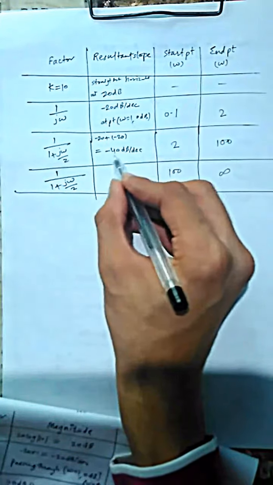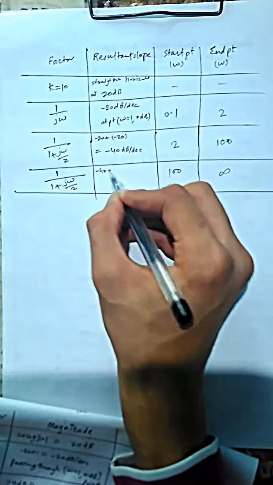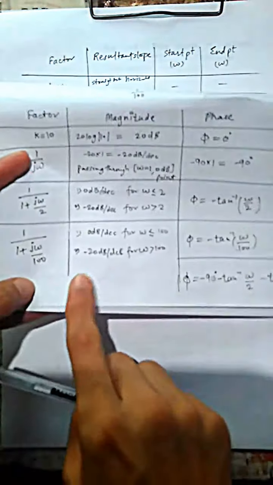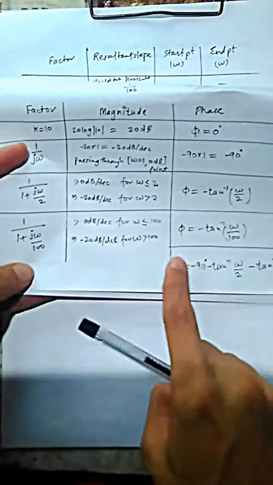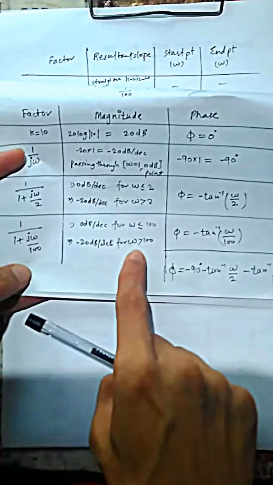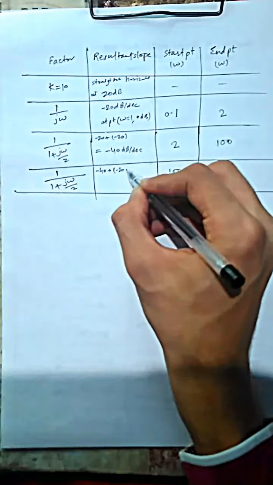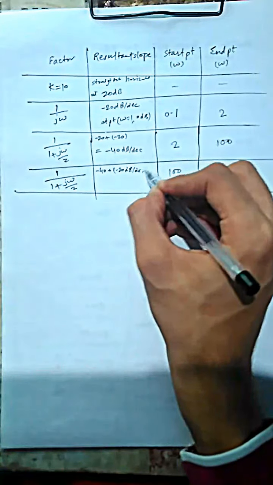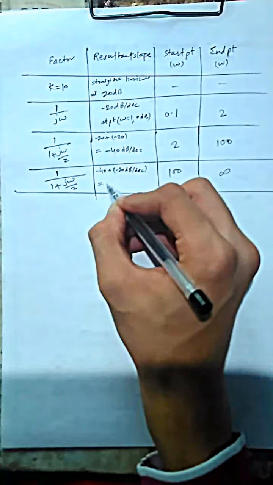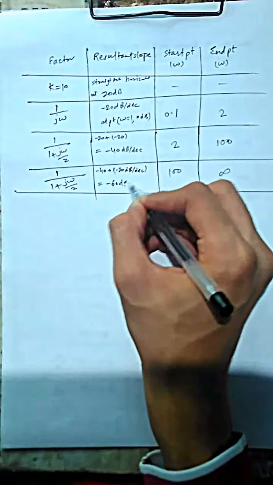Write whatever slope comes here, plus, now for this term, what we had written: if omega is greater than 100, then slope would be minus 20. Since omega is between 100 and infinity, which means omega is greater than 100, write minus 20 dB per decade, which means minus 60 dB per decade.